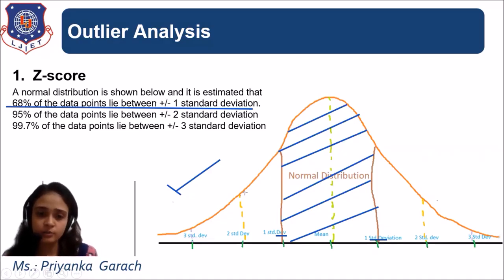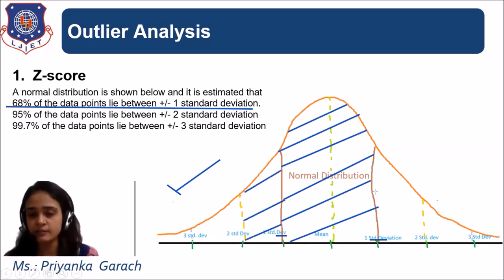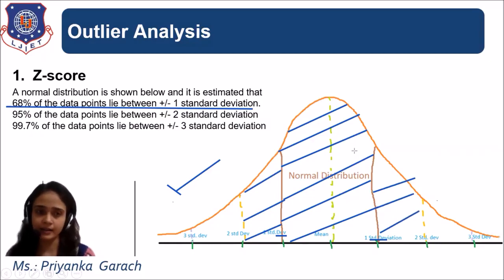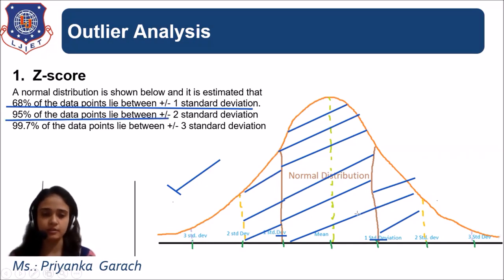If I go from the second standard deviation to the second standard deviation on both sides, then this complete area shows that 95% of the data points lie in this range.